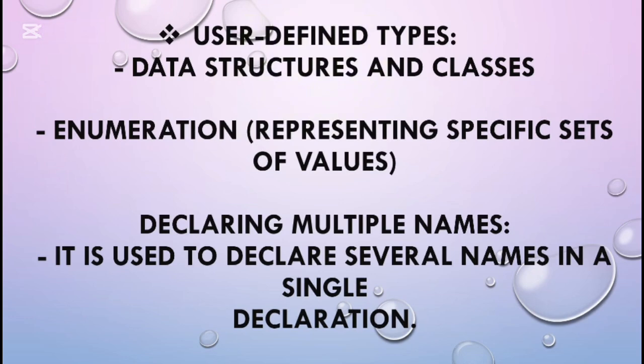It's very possible to declare multiple names at a go. But be mindful that they should all have the same data type. You can't mix integer with string, nor boolean, nor character, nor float. They have to have the same data type so that you don't encounter an error.